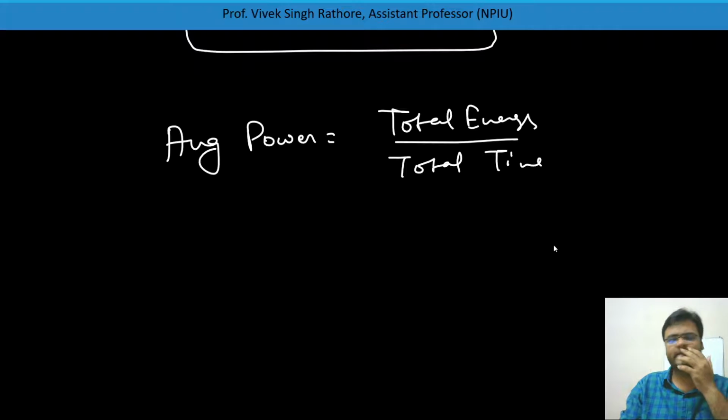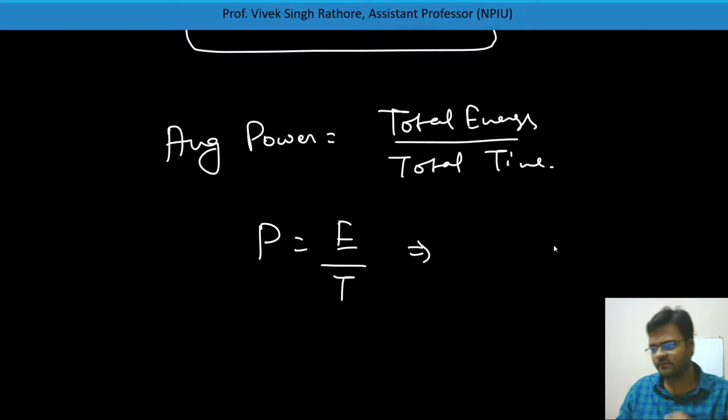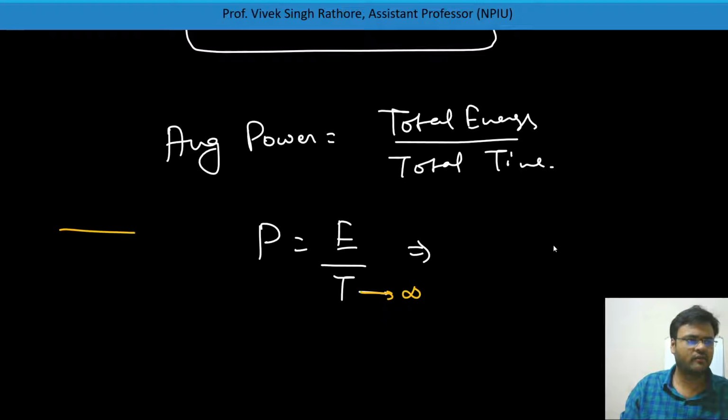This you can understand as, power will be equal to, let's suppose, E by T. So whenever your time is finite and your energy is also finite, some value will come. But if your time is infinite, like this signal was, time was infinite, right?